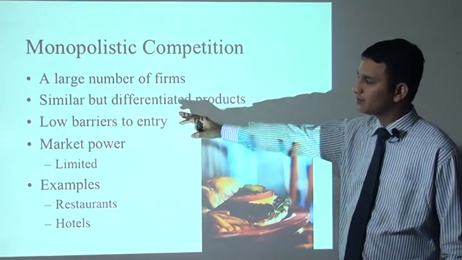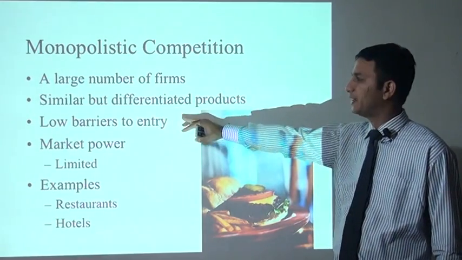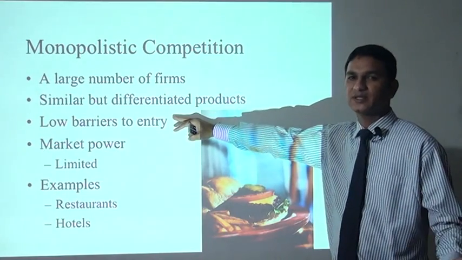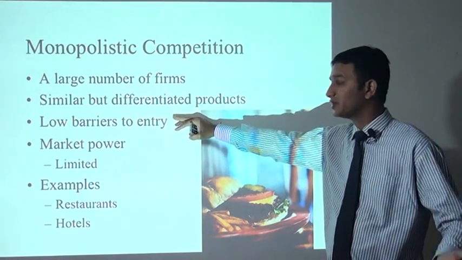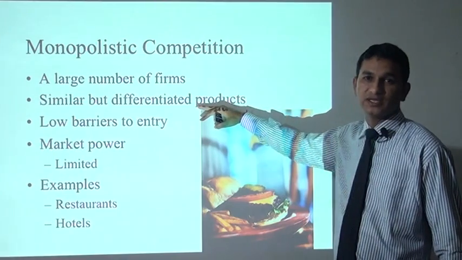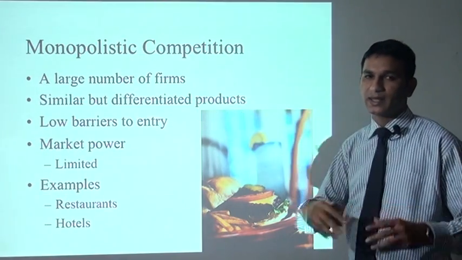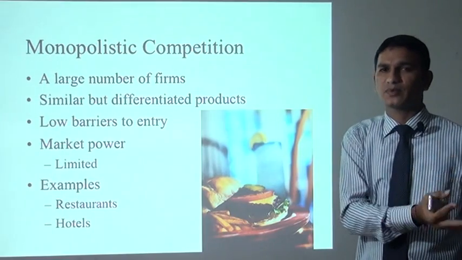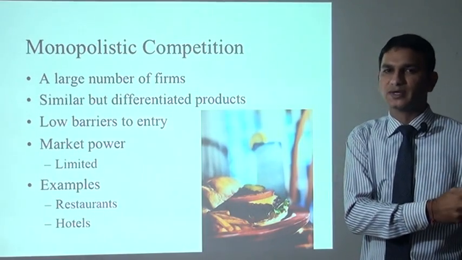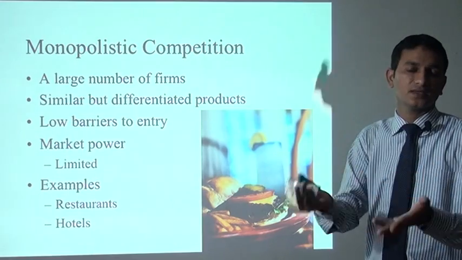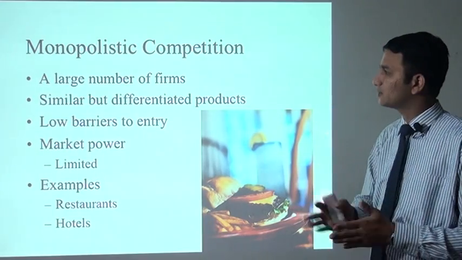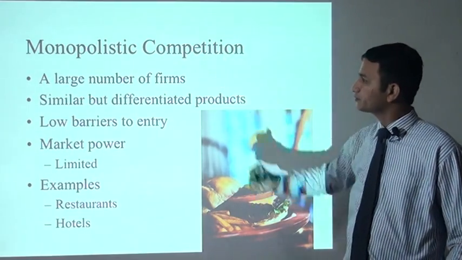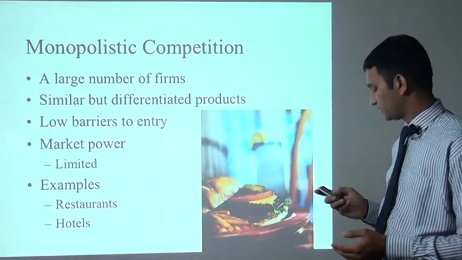So again this condition should be satisfied: they are producing similar products, but they are differentiated from each other, right? Because if I select one particular restaurant, I like the food of that restaurant, so I prefer it over the other hotel, right? So that is the concept of monopolistic competition.